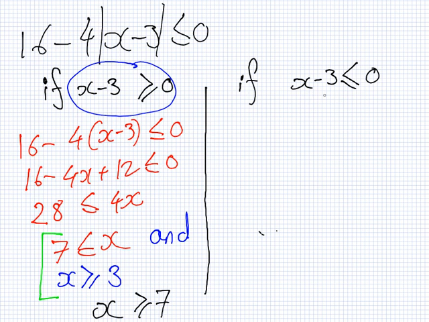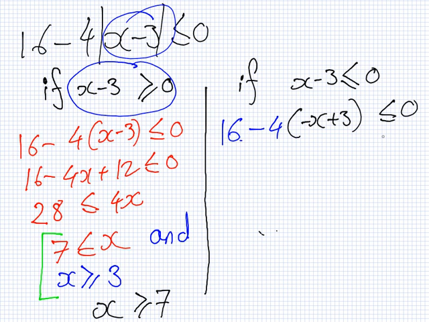What is the second part? Now the second part is if x minus 3 is negative. So if it's negative, what does the absolute value do here? It flips the sign. So now this becomes minus x plus 3 less than or equal to 0.